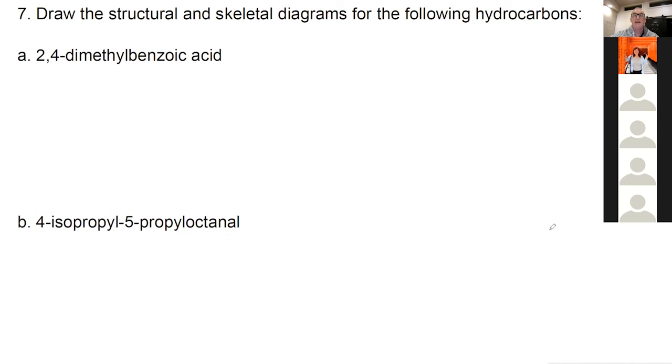If we were going to do the skeletal, we just make the 8 carbons. So we go 1, 2, 3, 4, 5, 6, 7, 8. This has a double bonded oxygen and a hydrogen attached. I think you include the hydrogen for an aldehyde, but I'm not certain.